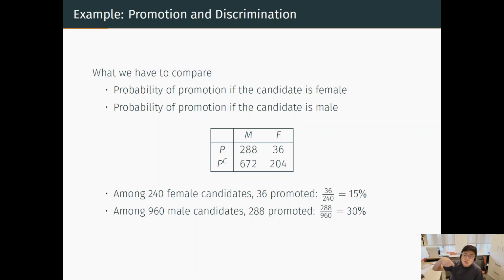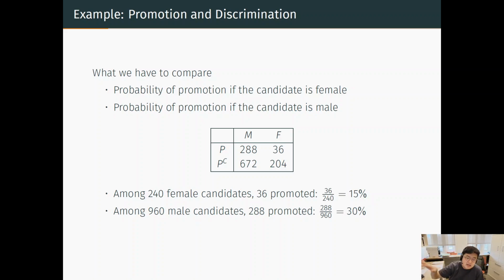So when you generate the experiment, you know that the person you are choosing is female. You already know that. So that's a different experiment. Similarly, 30% is coming from a different experiment. Now you are randomly choosing a candidate who is already known as male, right?